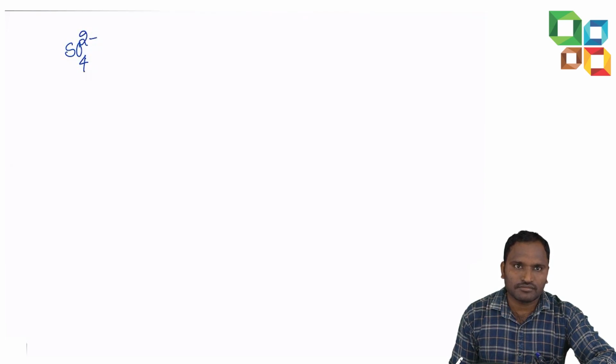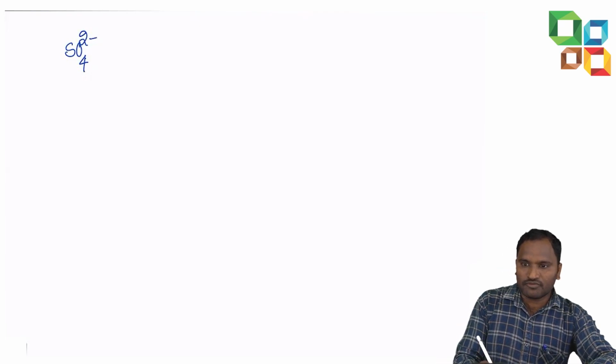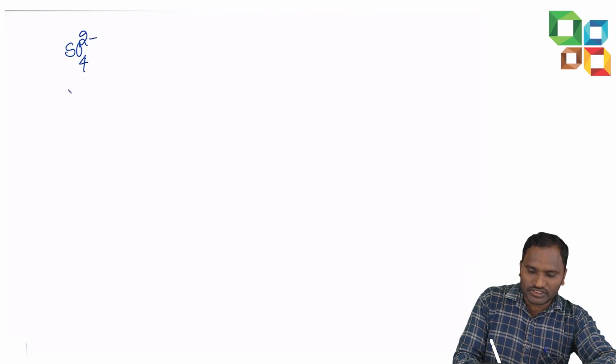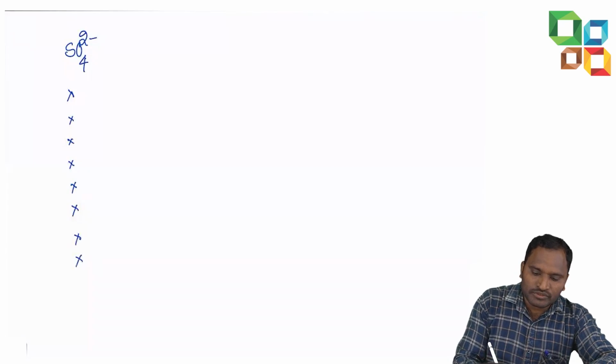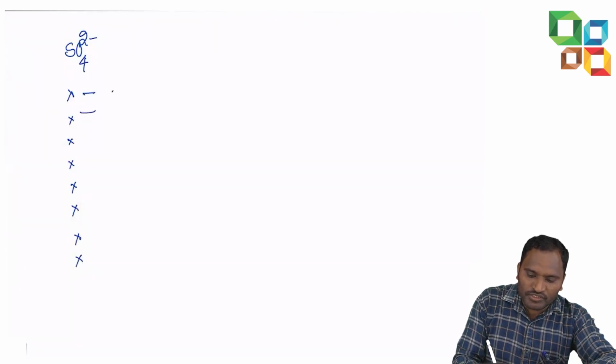See, students, sulfur belongs to the 16th group, so 6 valence electrons. It is carrying a -2 charge, so you have to add 2 extra electrons. Now we have 4 oxygens.